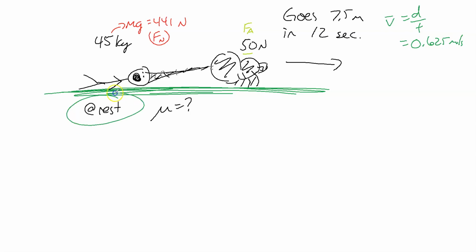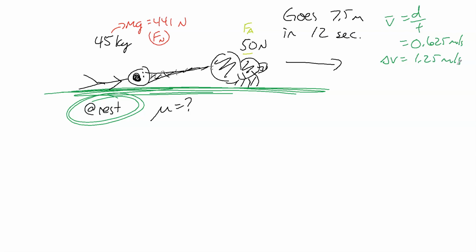And since he started at rest, if the average speed was 0.625, that tells me my change in v must be 1.25 meters per second. Started at 0, went up to 1.25, so the average is going to be 0.625. So I had to double it, since it started at 0. All right, so I've got my delta v.